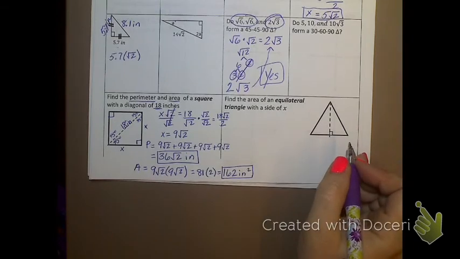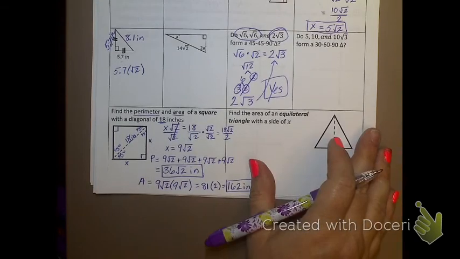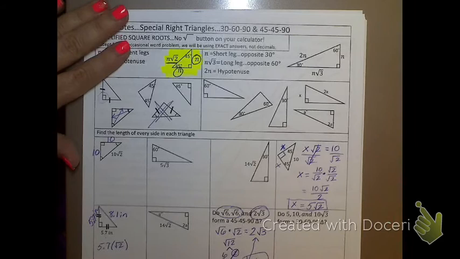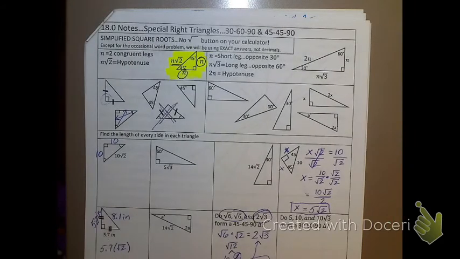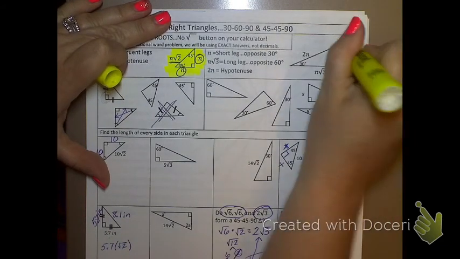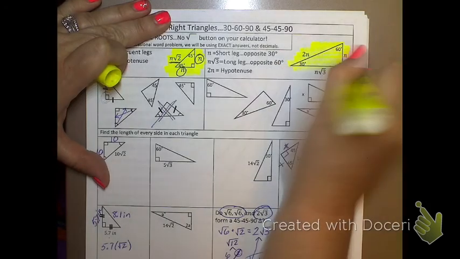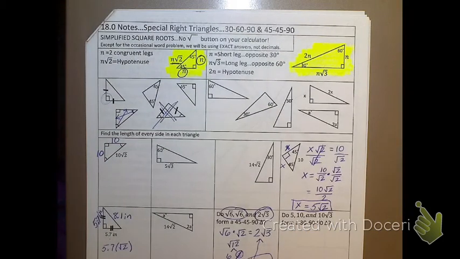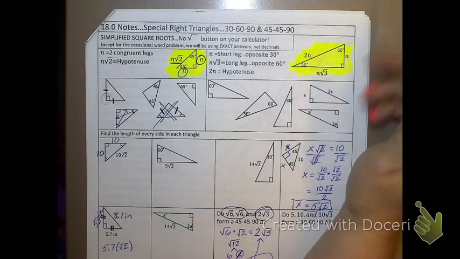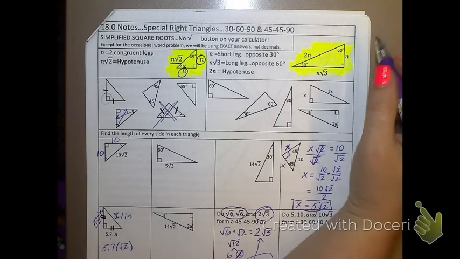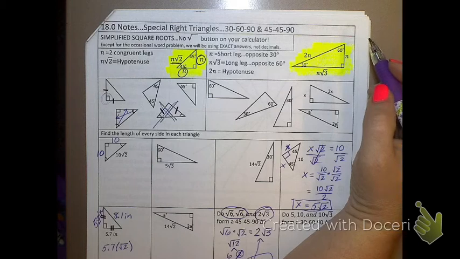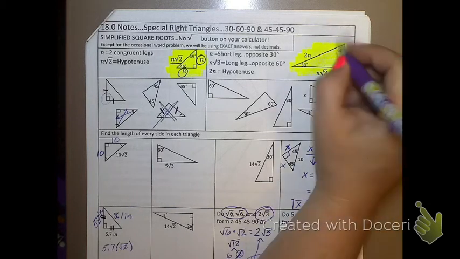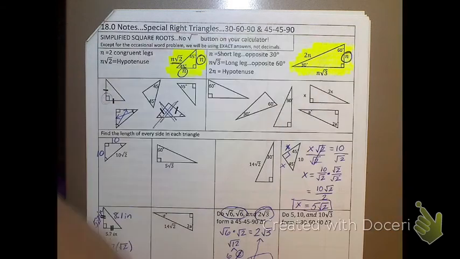Capiche? All right. Now let's go on to the 30, 60, 90 triangles. So here's everything for a 30, 60, 90 triangle. Now, in a 30, 60, 90 triangle, the first thing you want to get, if it's not given to you, every single time, is the short leg.